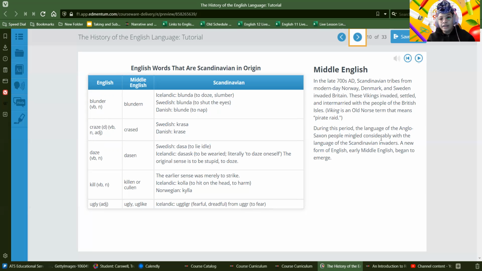Then we had to add the Anglo-Saxon influence, which is how we get Old English. And now we're adding in Scandinavian stuff. And they give you a table here of English words that are Scandinavian in origin. So you can see the similarities between English and Middle English and the Scandinavian influence. So after the Scandinavians settled and married people in Britain, the language changed, and that's how we got Middle English.